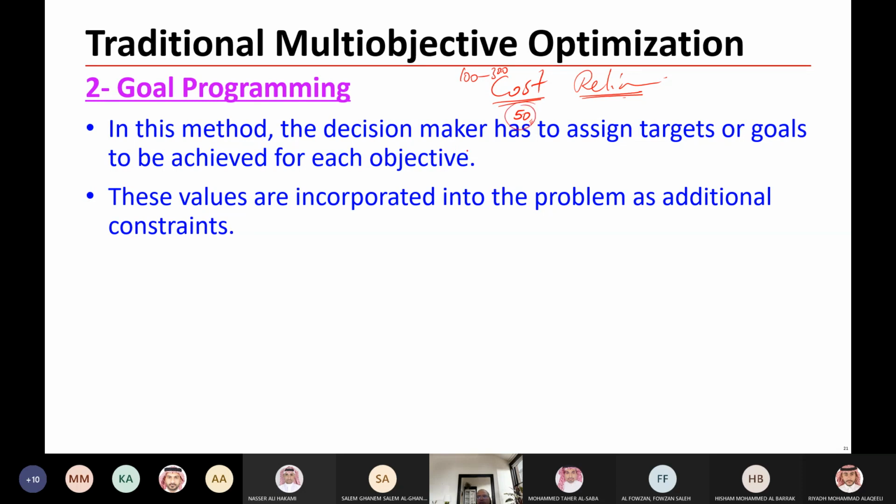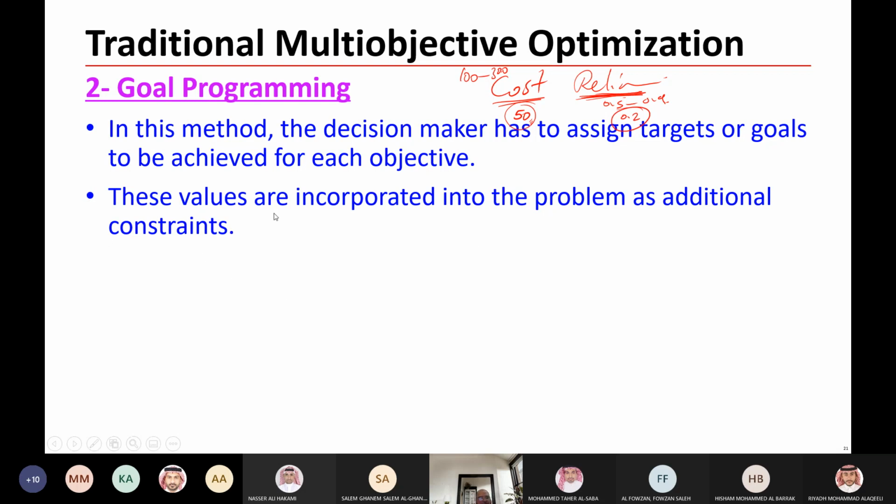We need this target to be infeasible, to be outside the search space, and we will see why now. And for reliability also, you need to assign a target. The reliability, for example, is an index that could be between 0.5 and 0.9. So let me put it at 0.2, which is far from this.